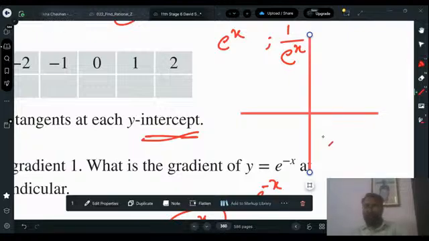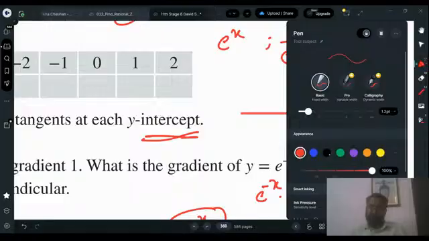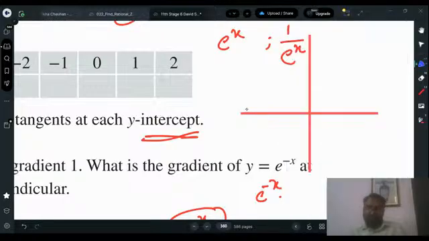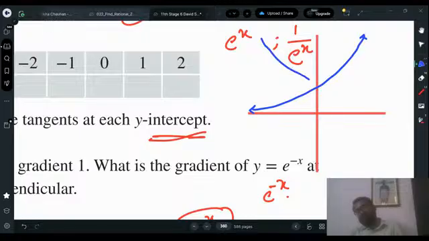So this is the graph, your e power x. What is e power minus x? This is e power minus x, and this is e power x.